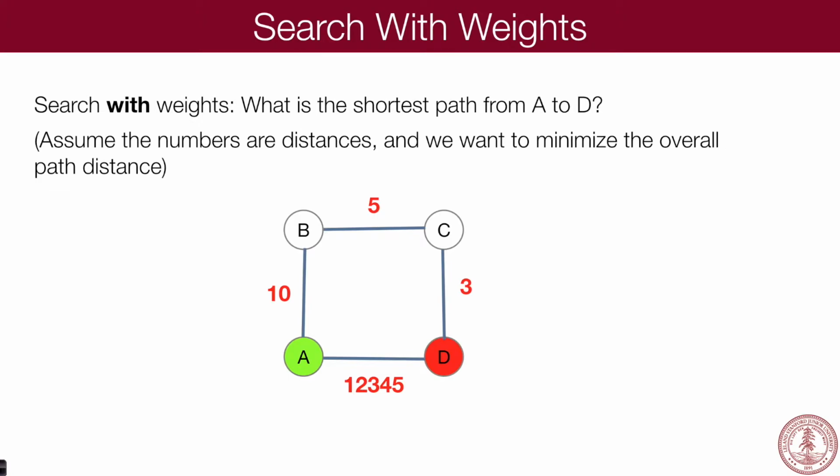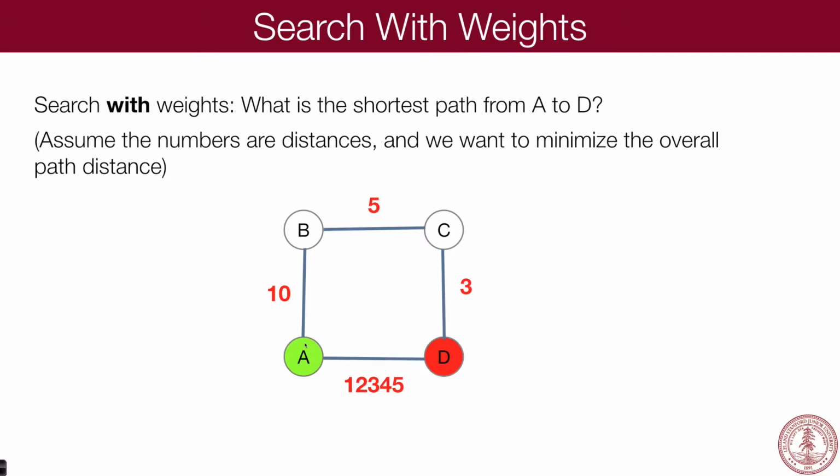However, if we put weights on here, well, look what happens. Now, the shortest path is not A to D, because that would be 12,345. The shortest path with the weights is now A to B to C to D, with a total path length of 10 plus 5 plus 3, which is 18.